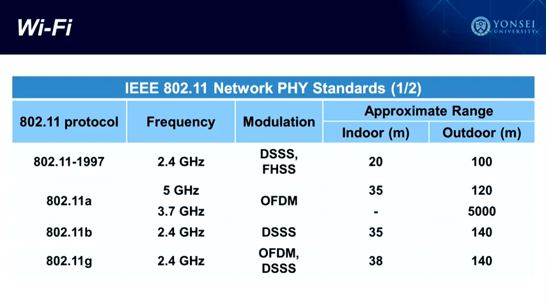So taking a look at these standards, well, the 1997 version typically had an indoor range of approximately 20 meters, outdoors about 100 meters. 802.11a, typically you could reach at the 5 gigahertz frequency up to about 120 meters. At the 3.7 gigahertz range, you could reach much longer distances.